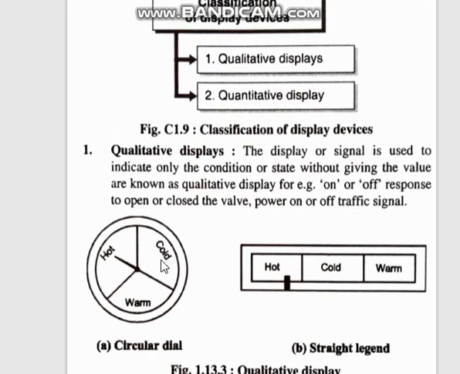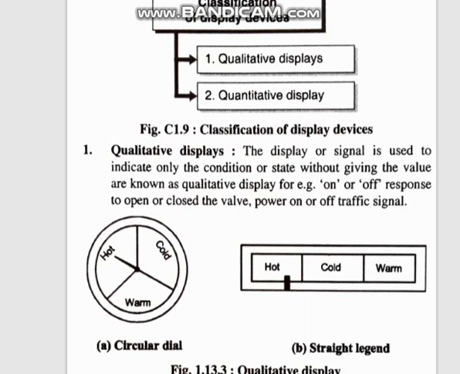This is the cold region, this is the warm region, this is the hot region, and this needle will be showing it. If it is here, then it is hot. If it comes here, it is cold. Otherwise, it can be placed like this: hot, cold, warm. It can be a circular dial or a straight dial, like a straight legend.